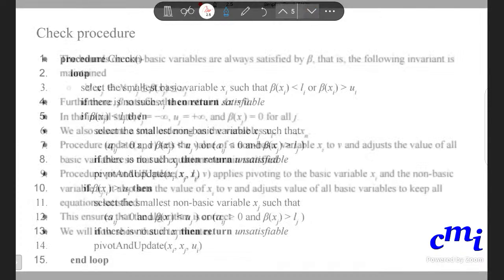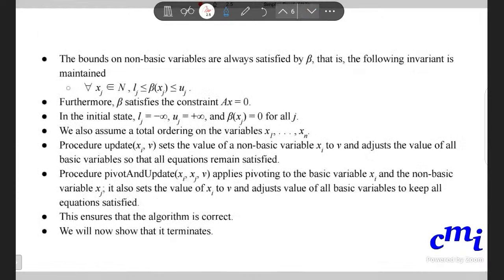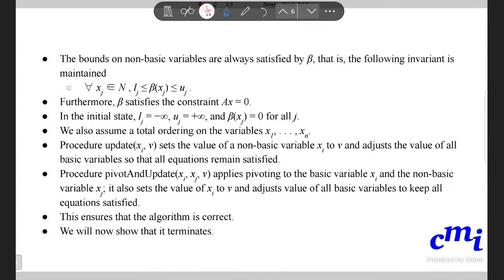Now, these two things: the bounds on non-basic variables are always satisfied by beta. This is based on the pivot and update procedures and the algorithm, so this is always satisfied. And since this invariant is satisfied, that is also always satisfied. Yes, correct.